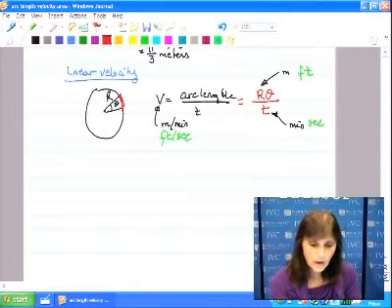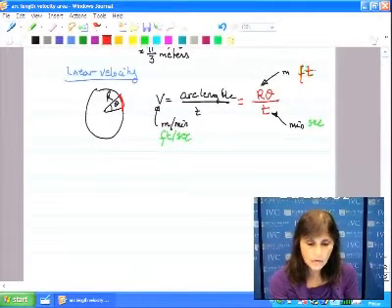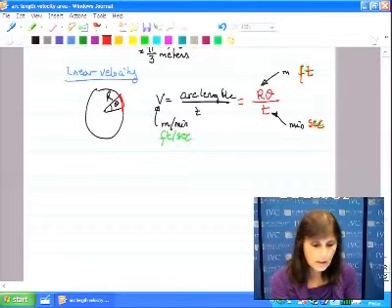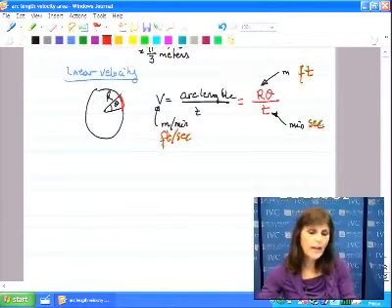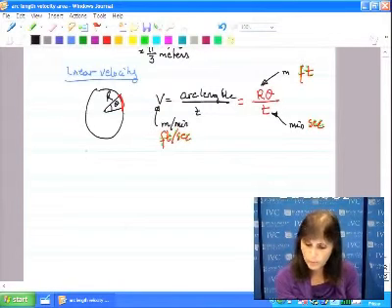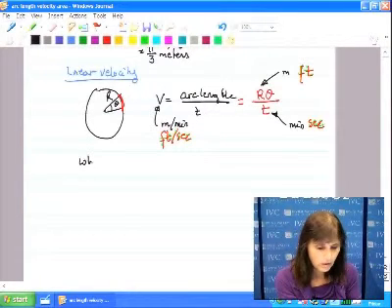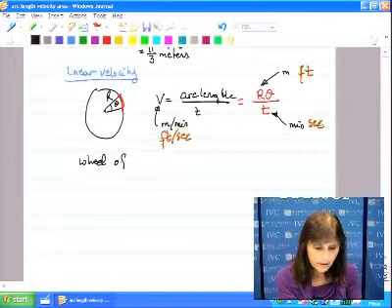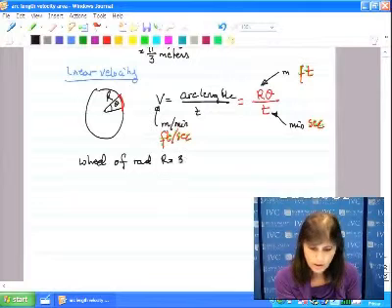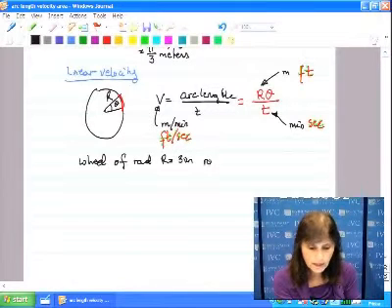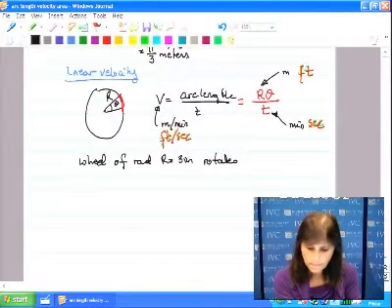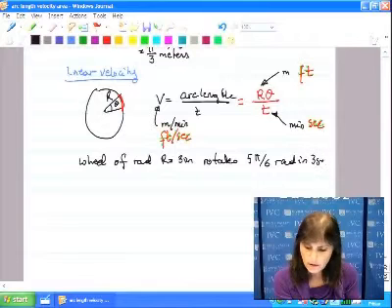So you have to be consistent, that's all. All right. Now, let's do a problem. Let's say I have a wheel, radius 3 inches, and it rotates 5 pi over 6 radians in 3 seconds.